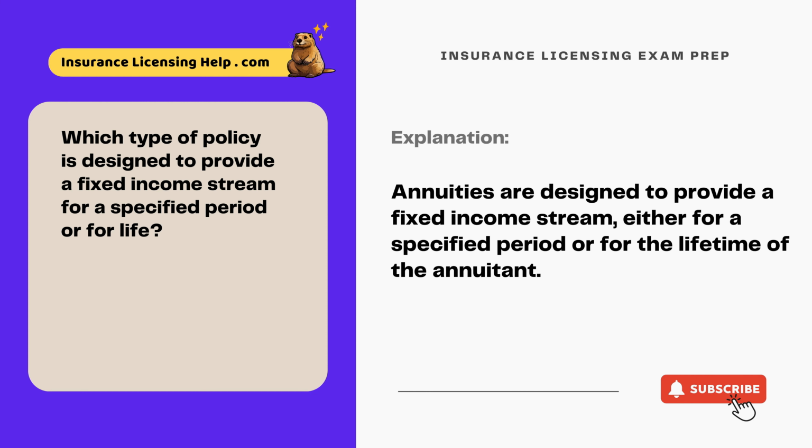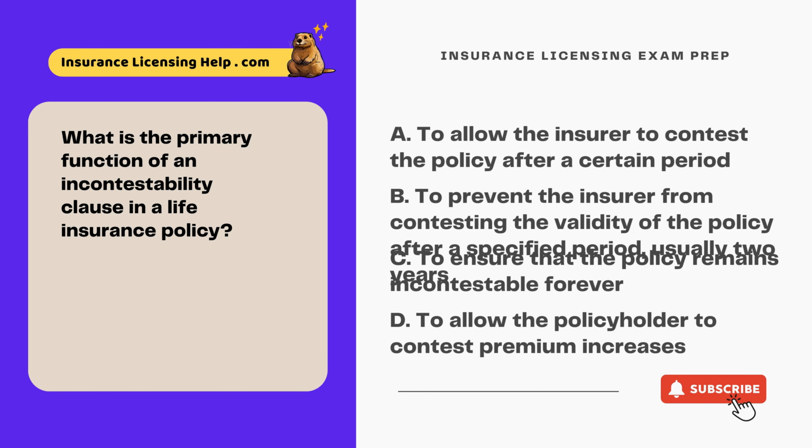What is the primary function of an incontestability clause in a life insurance policy? A, to allow the insurer to contest the policy after a certain period. B, to prevent the insurer from contesting the validity of the policy after a specified period, usually 2 years. C, to ensure that the policy remains incontestable forever.